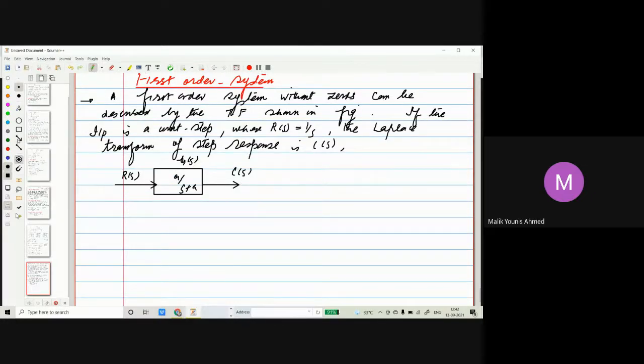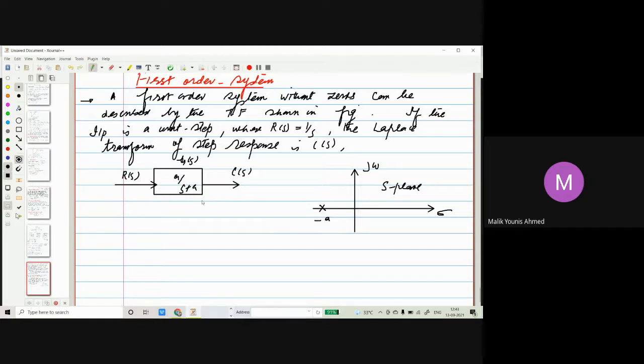We will draw the graph for this one also for explanation of the first order system. So this is your imaginary axis, and this is your sigma real axis, and this is your S plane. Now here, let's say this location is minus A, on the S is equal to minus A, that's a pole.